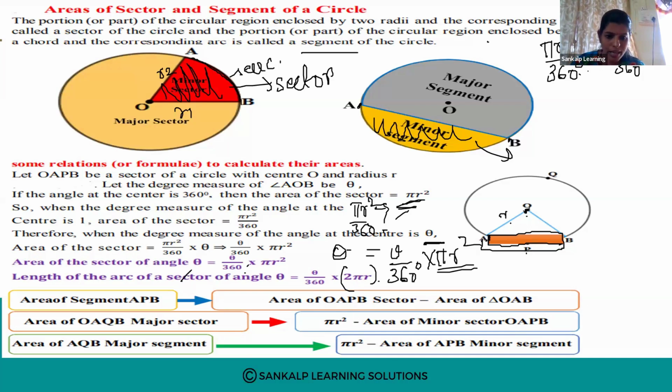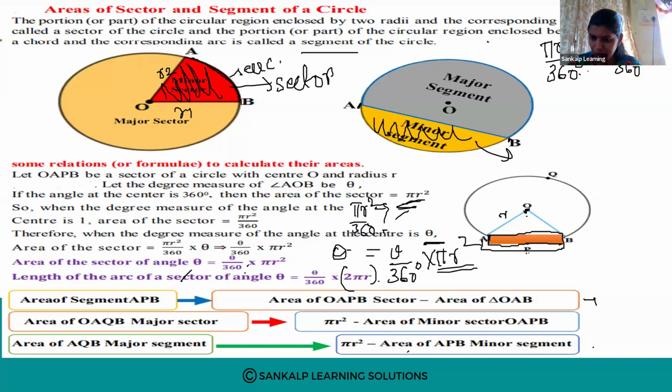Area of AQB, the major segment, is pi r square minus the area of APB, the minor segment. So the full circle pi r square minus the area of minor segment APB.